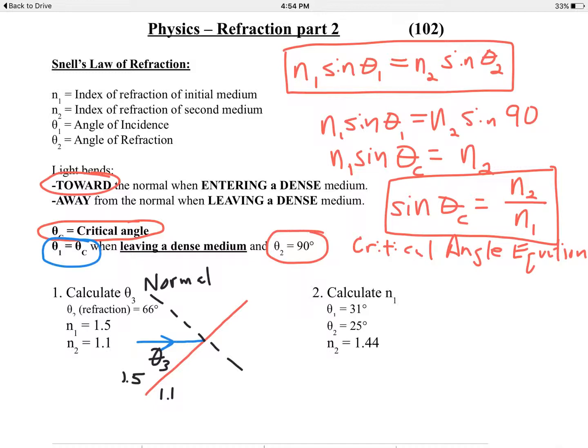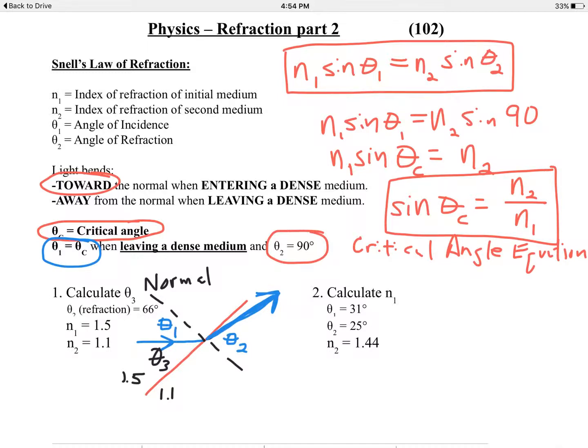So that blue beam of light is not going to keep going to the right, but it's going to bend away from the normal because we're leaving the dense medium and we're going to a less dense medium. So the bend is going to be more like this. Let me use blue. More like this. That's supposed to be a ray, where this is theta sub 2, measured from that ray to the normal. This over here really is theta sub 1.